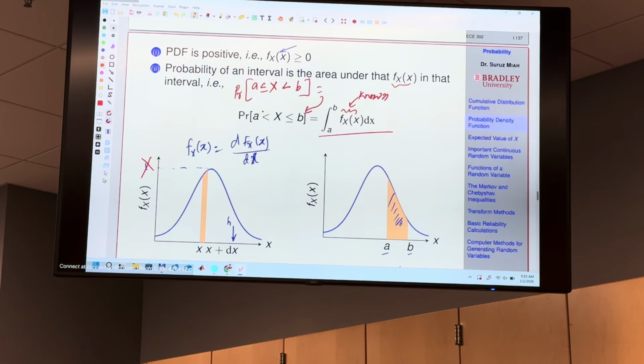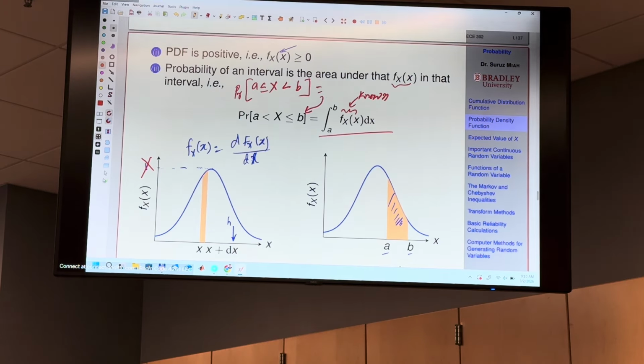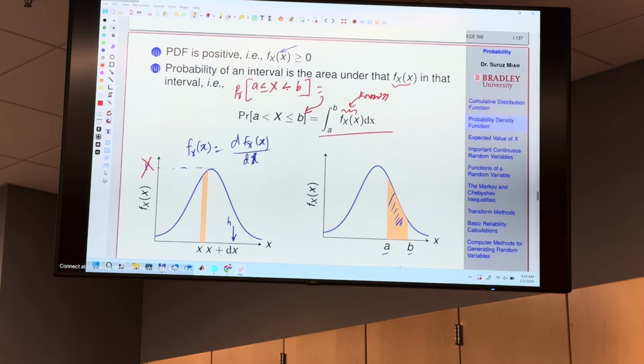For continuous random variable, it does not matter if it is less than or equals or simply less than. Why?